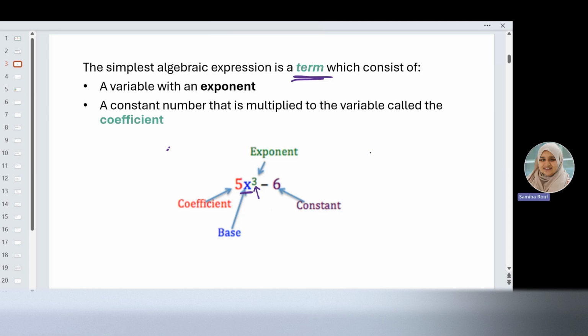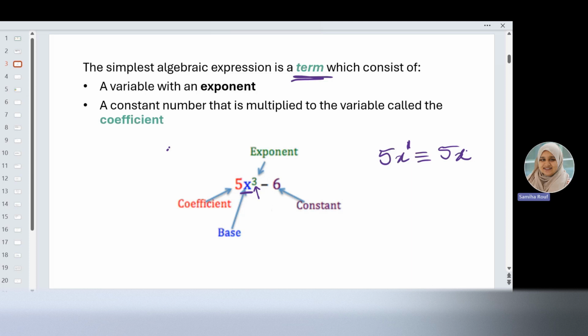Let's say we had 5x only. You still have an exponent in this situation. The exponent is 1, but generally we do not write the exponent of 1. So there's always an exponent. If you do not see an exponent, that exponent is 1. In every other case, the exponent will be given, whether it's a fractional exponent or negative. The only time you don't see it is if it's 1.